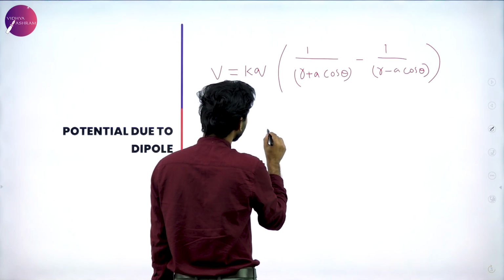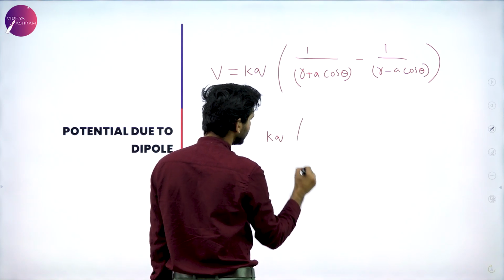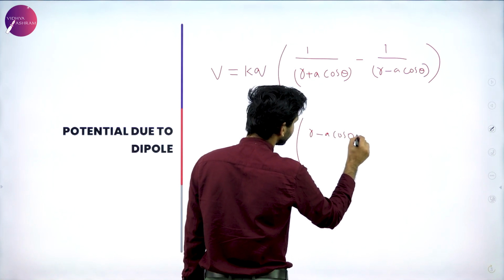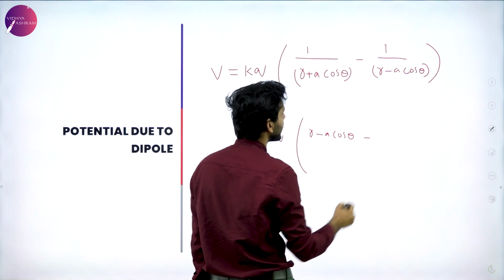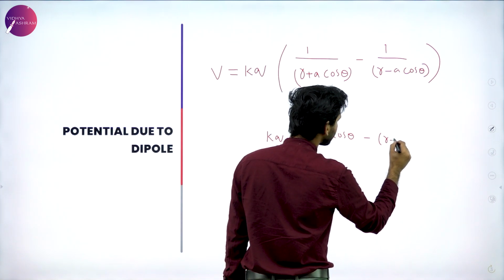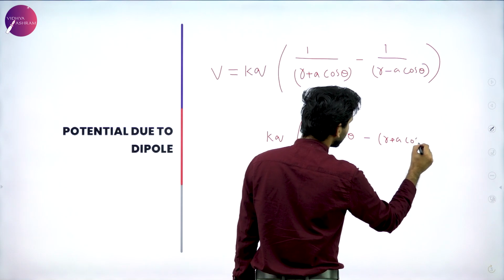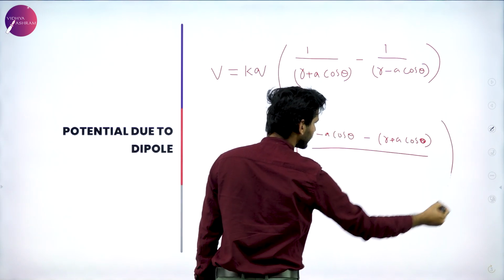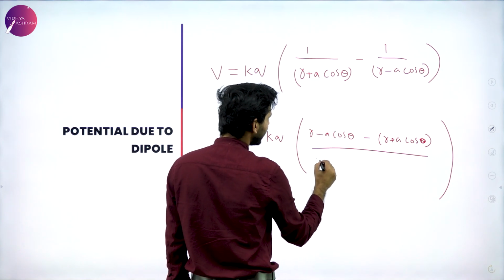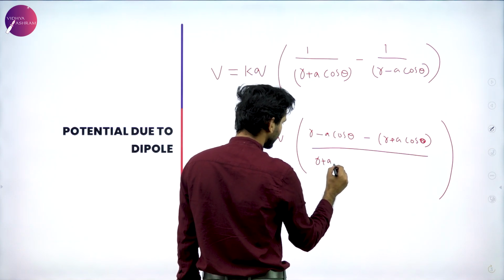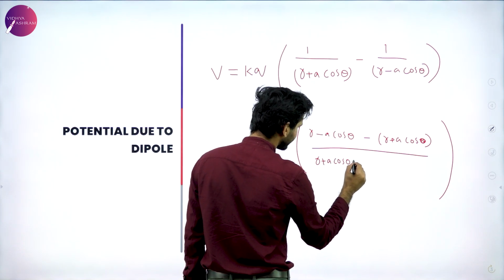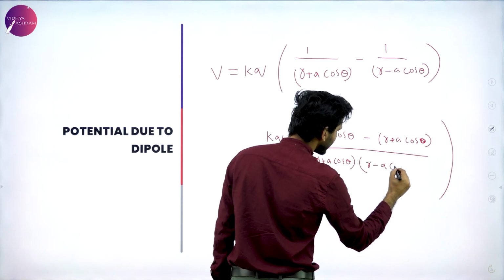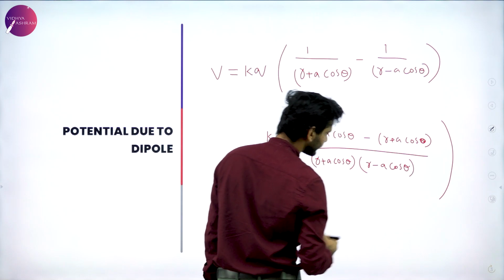So we can write it as KQ into R minus A cos theta minus R plus A cos theta, divided by R plus A cos theta into R minus A cos theta.